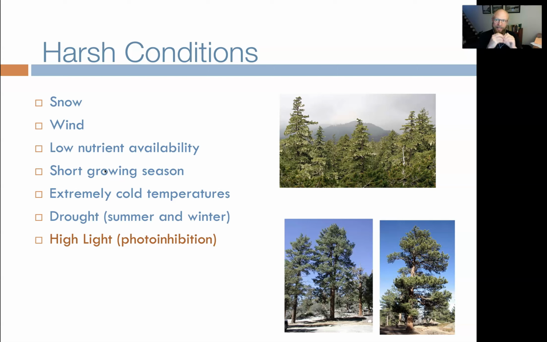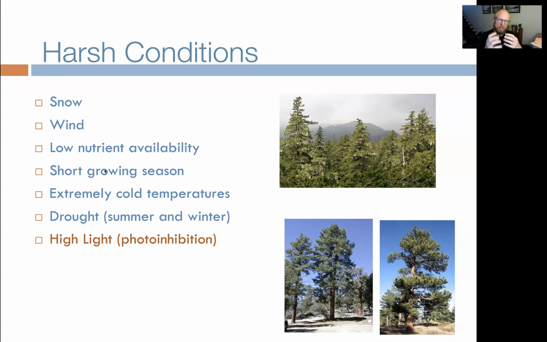That's where the term photoinhibition comes from. So anytime you get super clear skies, really hot conditions, that's one situation where it makes sense that the plants are experiencing a really high light environment. But it also happens a lot when you combine clear skies with cold temperatures. Because if you remember, we've talked about the sensitivity of proteins to temperature. So at cold temperatures, those proteins and enzymes can't function very fast.